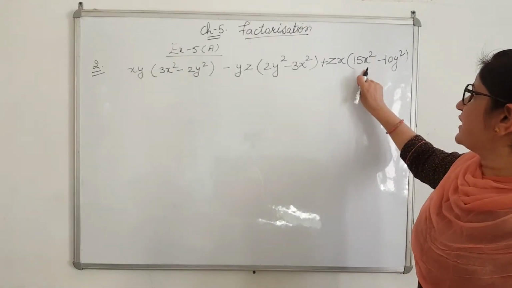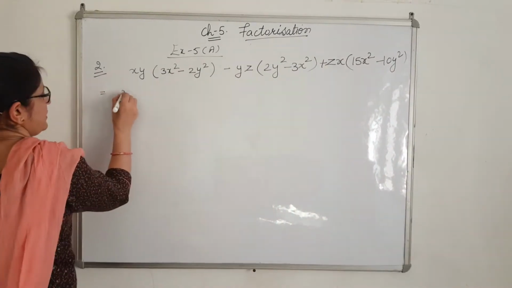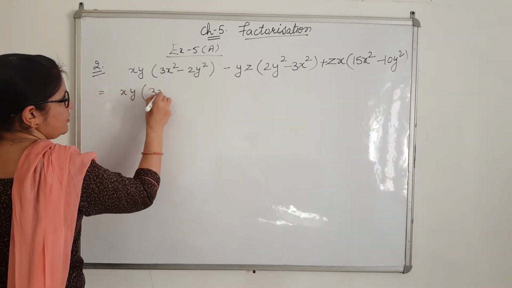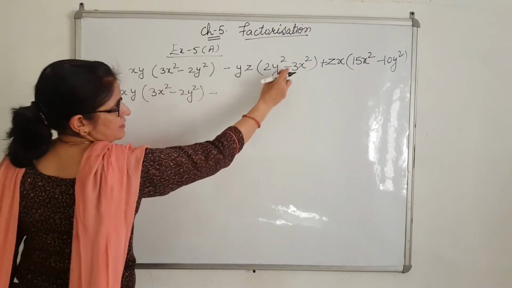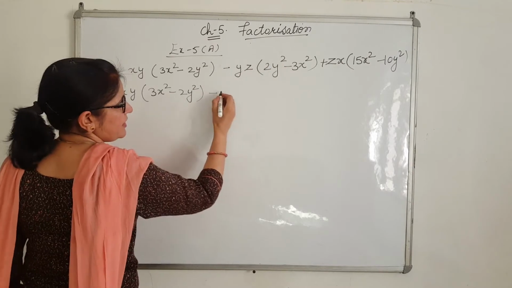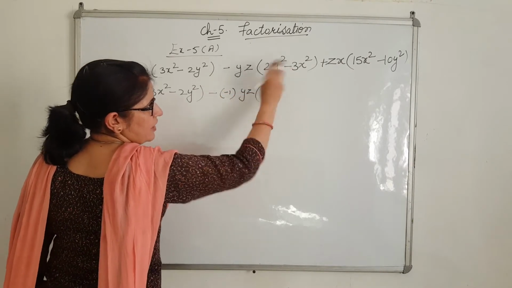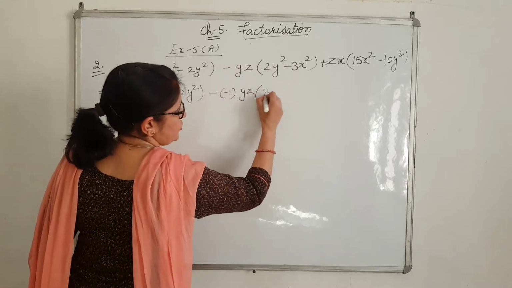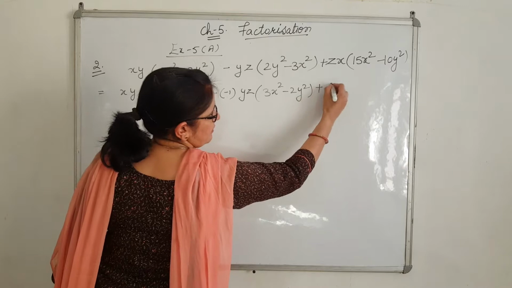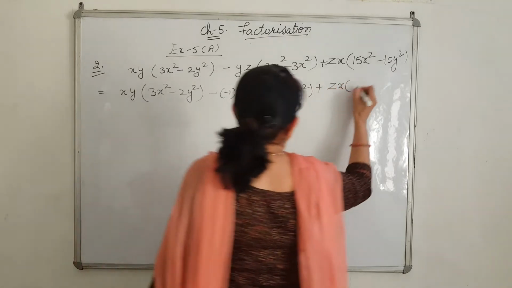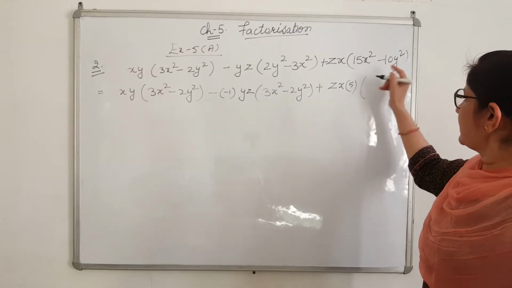Similarly from here we can take 5 common. So xy(3x² − 2y²), minus, already one minus, we take more here, then yz, the terms will change. From here we will take 5 common: 5 twos are 10, 5 threes are 15.